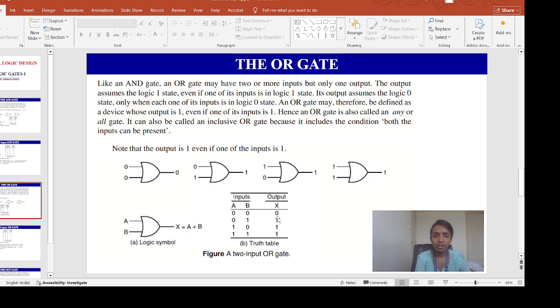The output will be 0 only when both the inputs are 0. 0 plus 0 is 0, 0 plus 1 is 1, 1 plus 0 is 1, 1 plus 1 is 1.